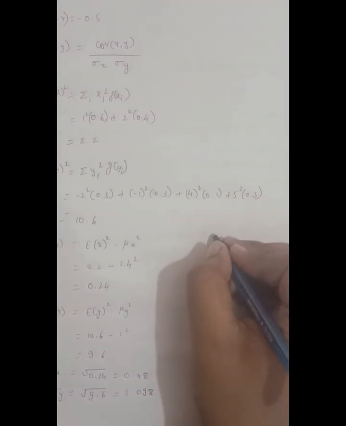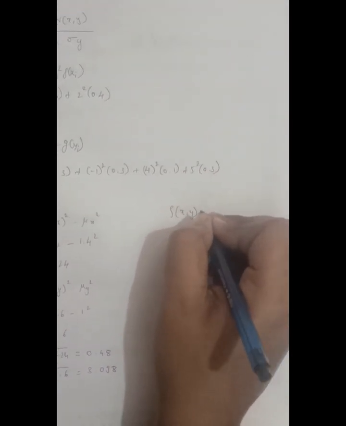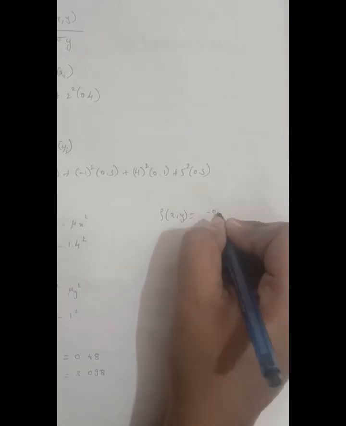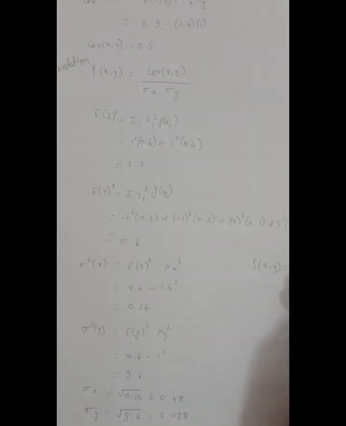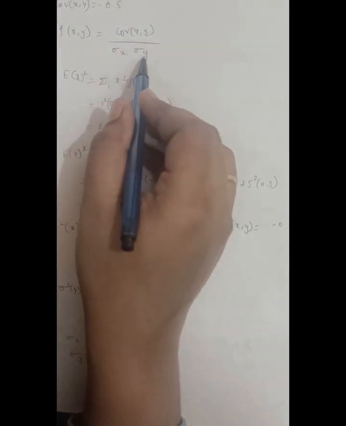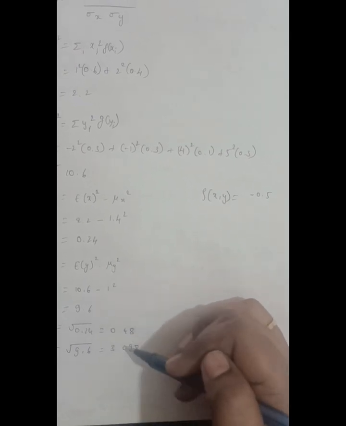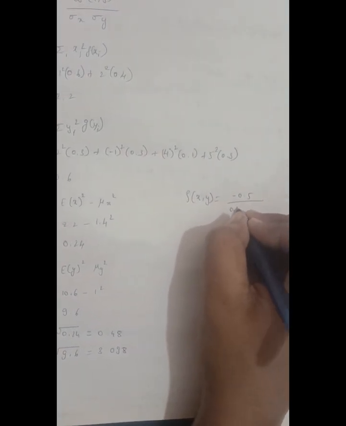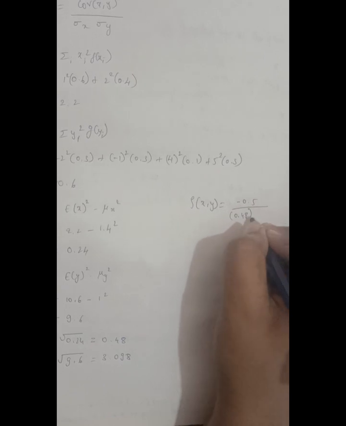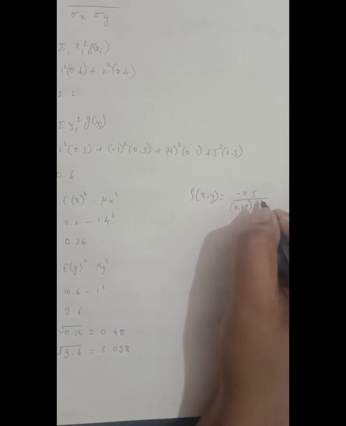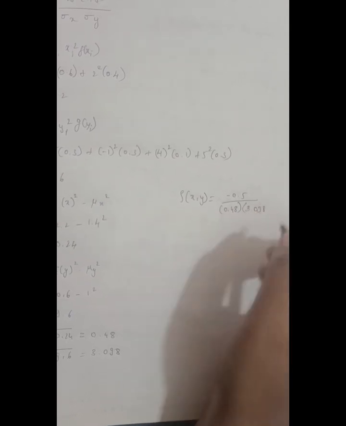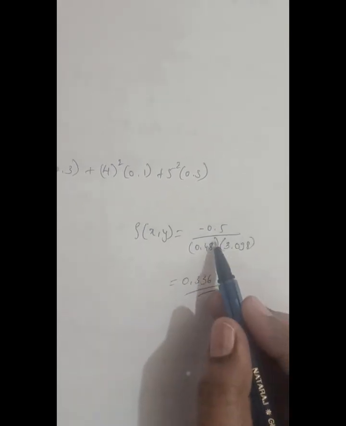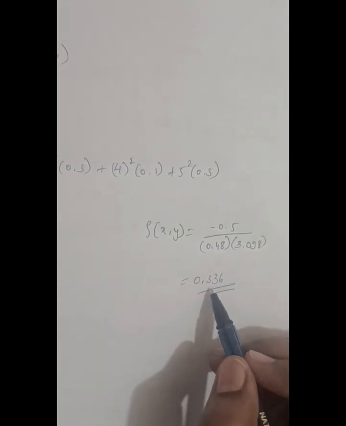Then correlation of x comma y equals minus 0.5, and this is substituted into the formula: covariance of x comma y over sigma x sigma y. We find here 0.48 into 3.098. This can be simplified and we get the answer 0.336.